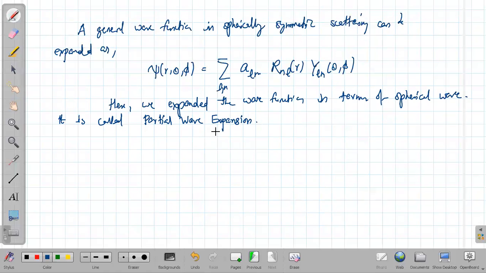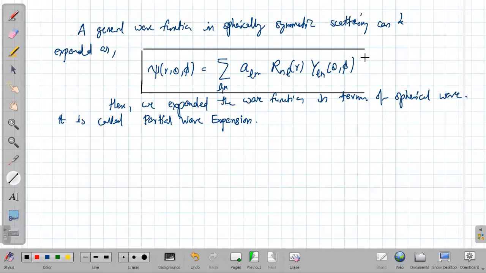Now we are going to use this particular result in our scattering studies, and such studies are called the partial wave analysis. Okay, so this we can put inside the box.